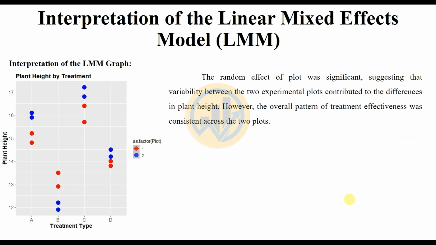The random effect of the plot suggested that variability between the two experimental plots contributed to the difference in plant height. However, the overall pattern of treatment effectiveness was consistent across the two plots.